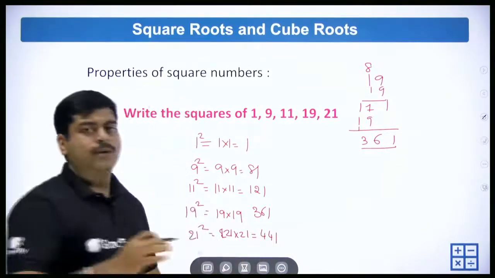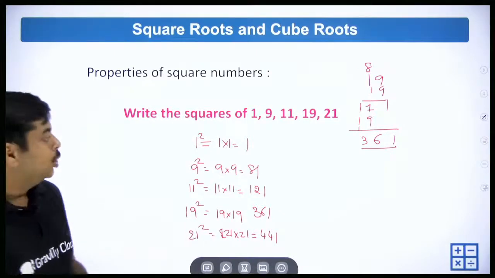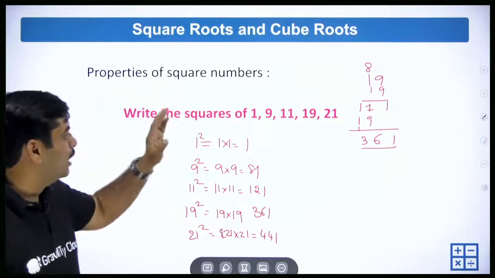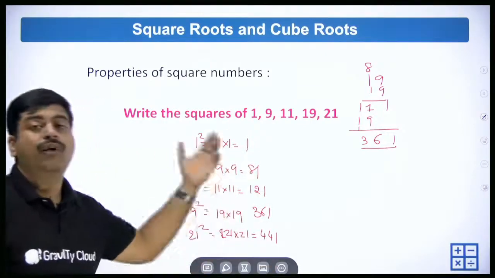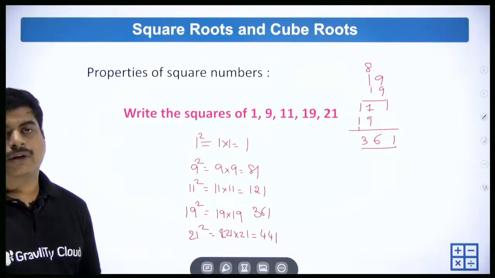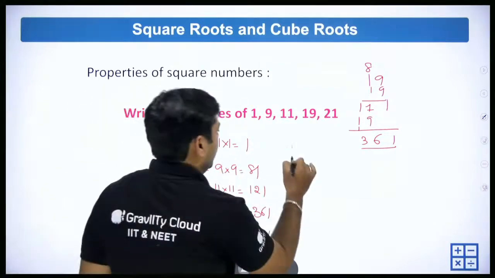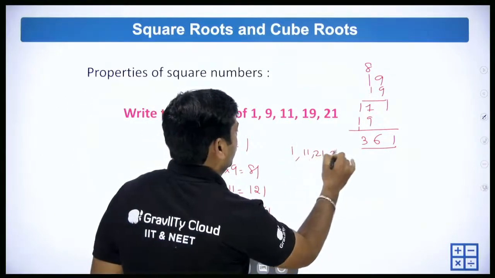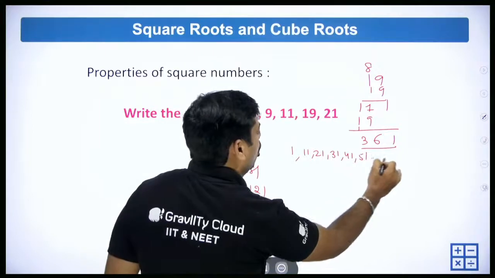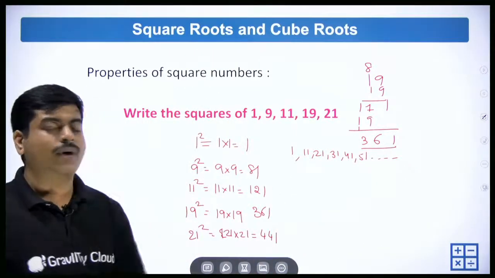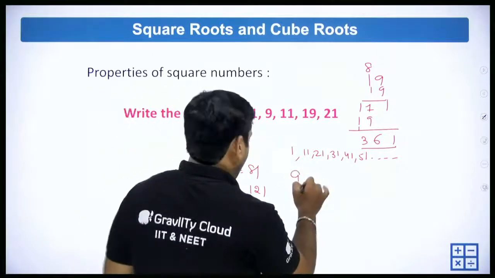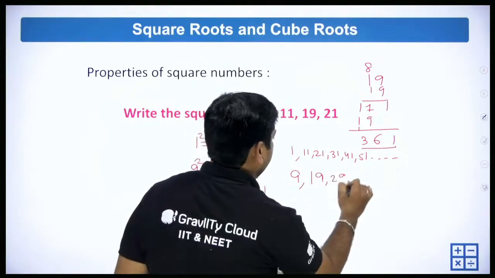So carefully observe what's happening here. The units digits of every number, 1, 9, 11, 19, 21, all these numbers are ending with 1. Okay. So 1, 11, 21, 31, 41, 51, all these squares will definitely end with the number 1, as well as 9, 19, 29, 39, 49.